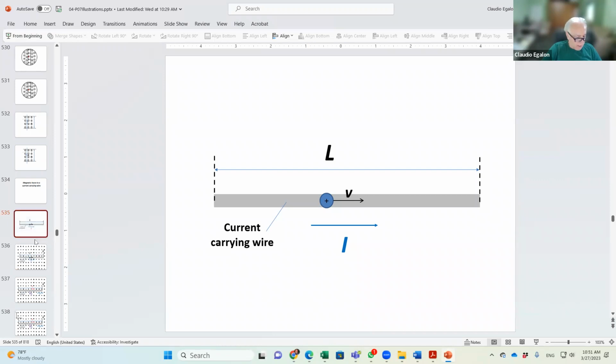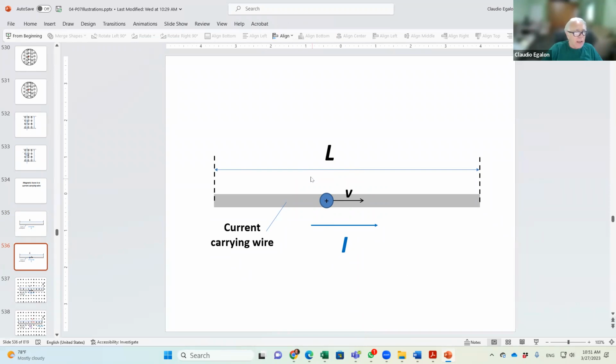This current carrying wire can be pictured as a current carrying wire of length L. This current carrying wire can be pictured at the microscopic level as several positive charges moving inside it in the direction of the current.